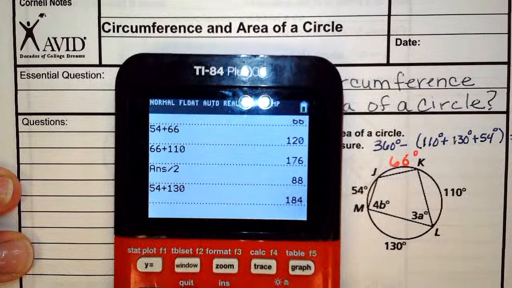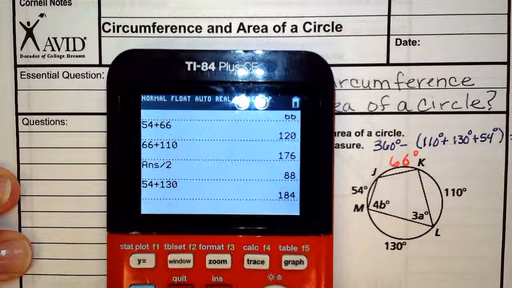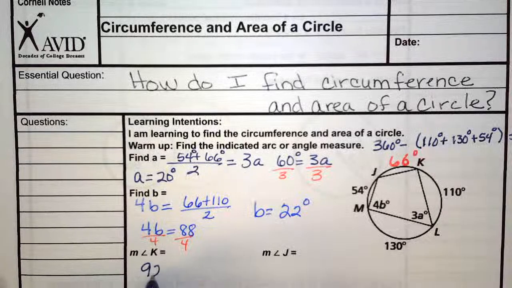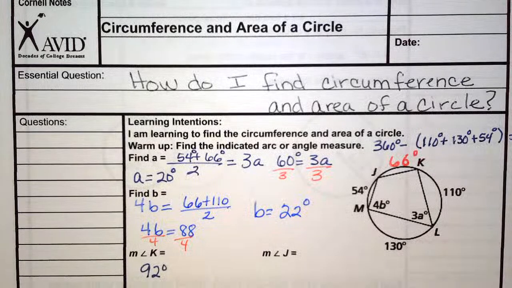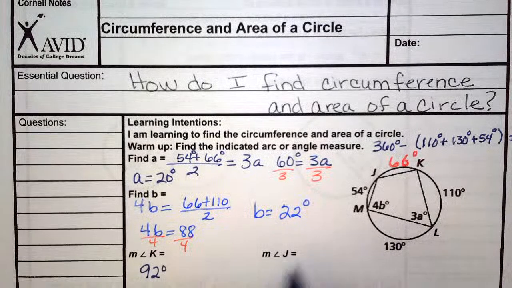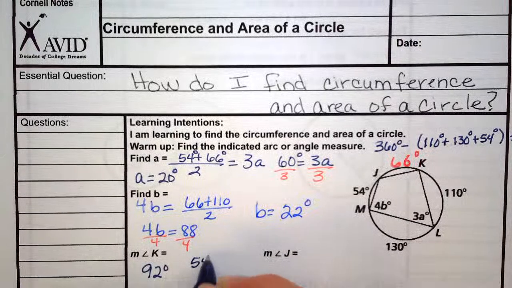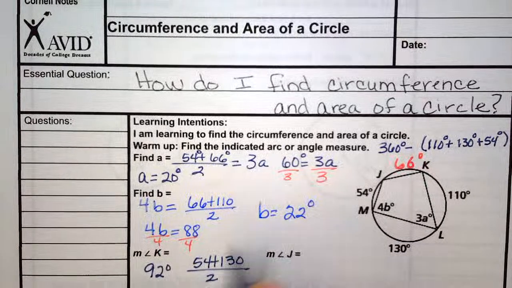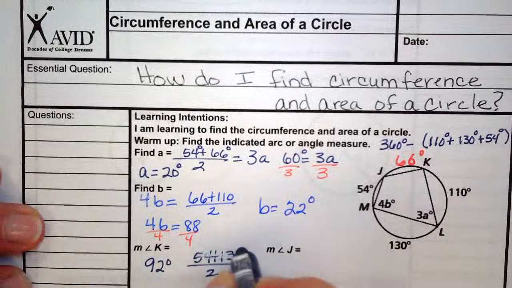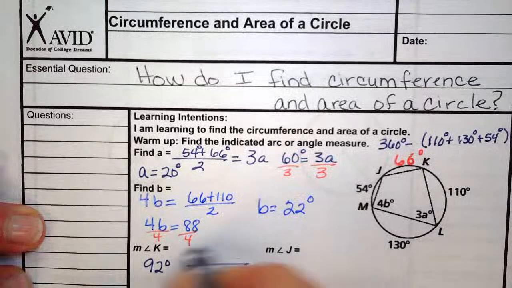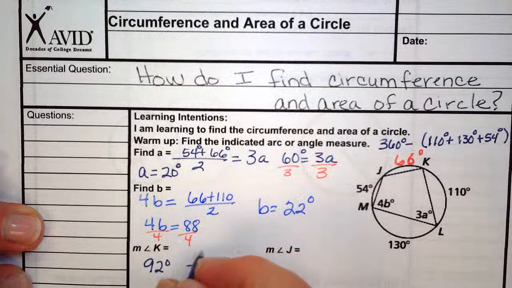So 54 plus 130 is 184 divided in half, and we get 92. So K will be equal to 92 degrees. Oh, that didn't come out very well, did it? Let me erase that and then redo.